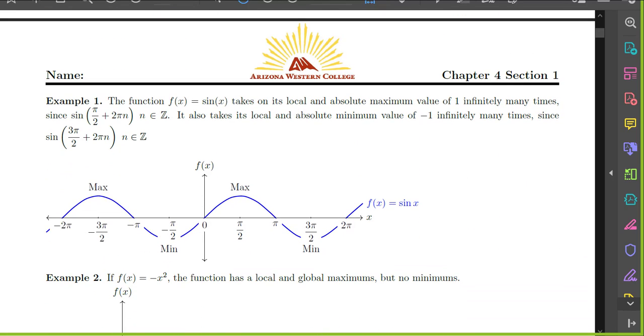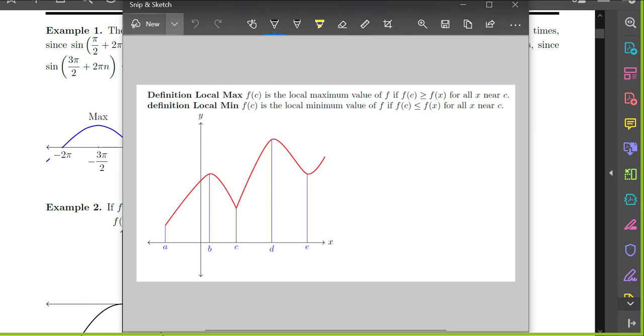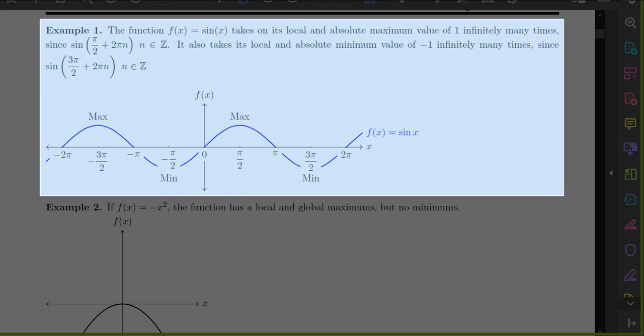All right, so let's take a look at a couple of examples to go with these definitions.